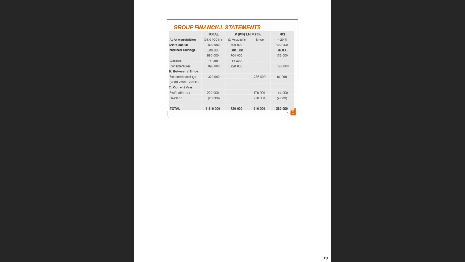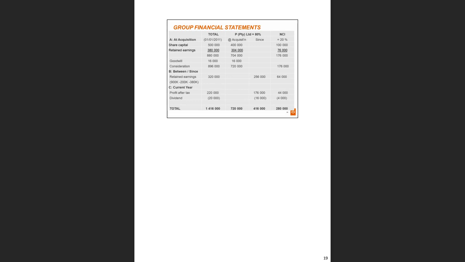Okay, so the way it's done here, it has taken the 900,000, being the closing balance of retained earnings, and it has subtracted the retained earnings of 380,000 Rand. So this relates to the pre-acquisition retained earnings. We are trying to calculate the retained earnings from acquisition date to the beginning of the current year. So we're doing that by taking the total retained earnings closing balance of 900,000 Rand less the portion relating to our pre-acquisition retained earnings of 380,000 Rand. That was eliminated, okay?